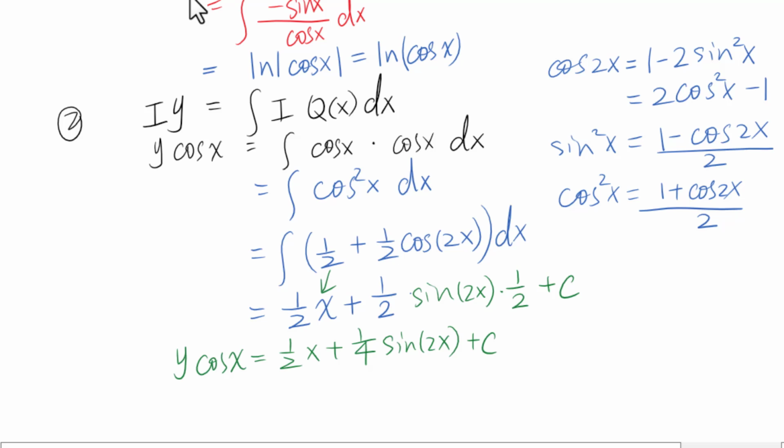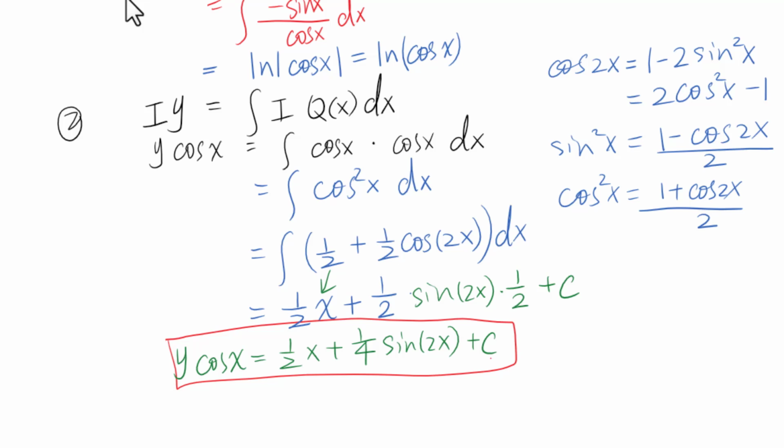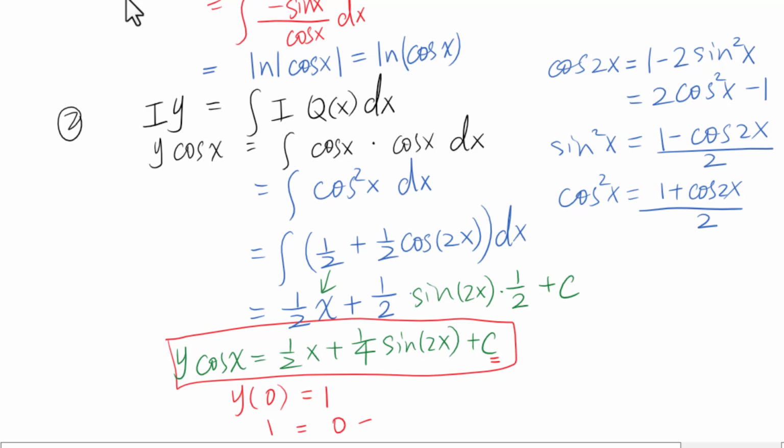On the left side of the equation is y times cosine x. We will use a boundary condition to figure out this c. Since y of 0 equals 1, we do the substitution for x and y: 1 equals 0 plus 0 plus c.